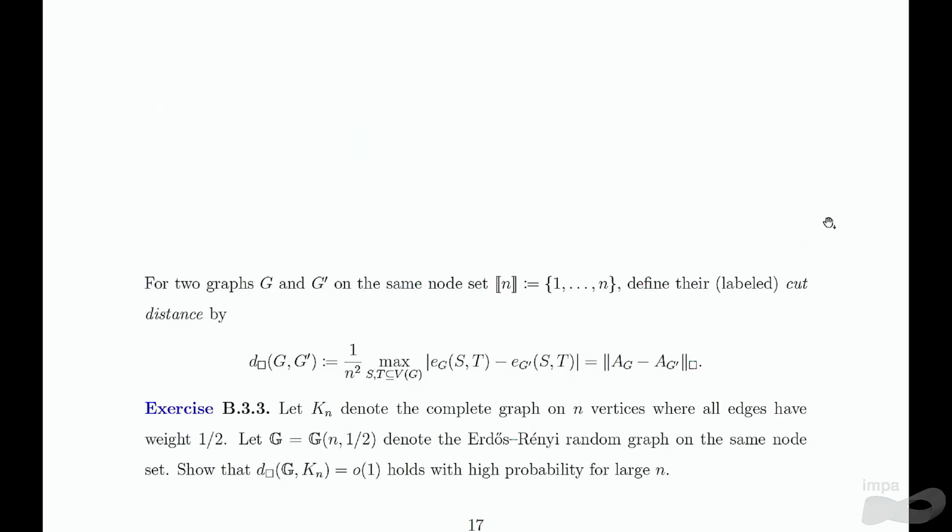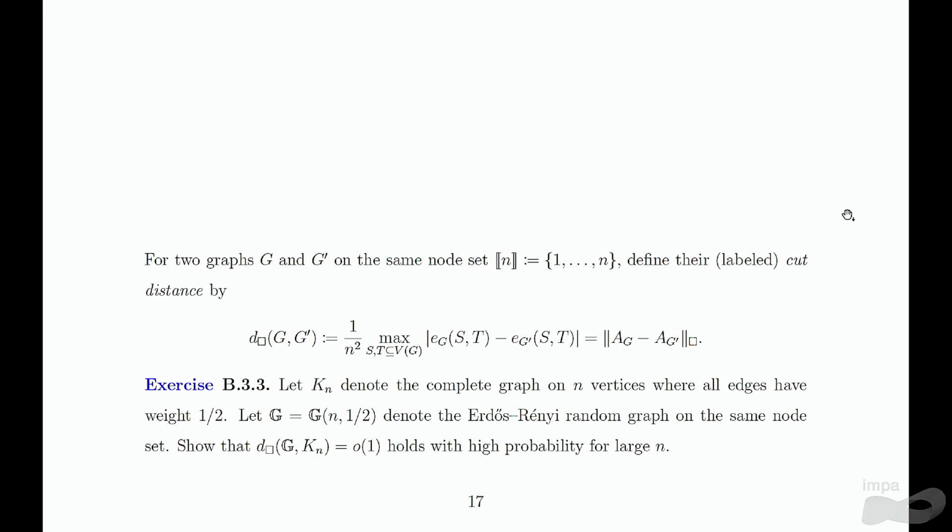Perhaps more interesting now, if we think about a random graph and its benchmark, we can define what's called the cut distance between two labeled graphs on the same node set. Again using this hollow square notation, we have a distance given two graph inputs G and G prime. With a very similar form, we're normalizing by the number of vertices.